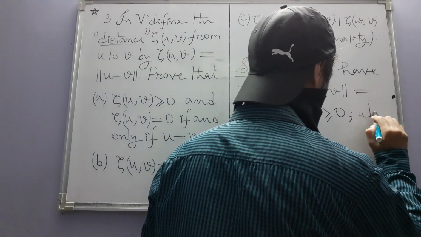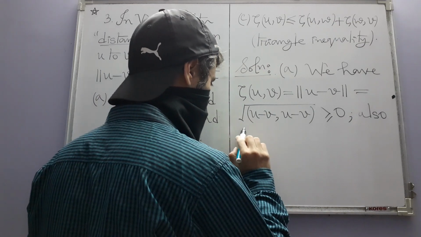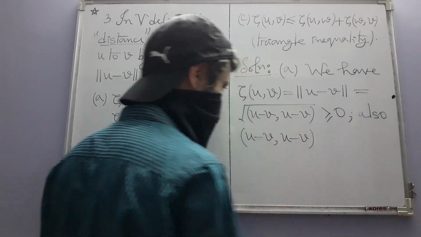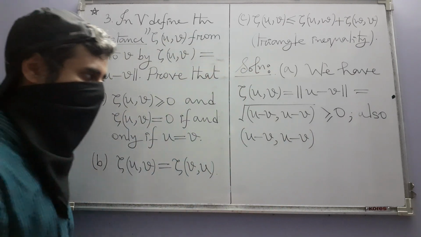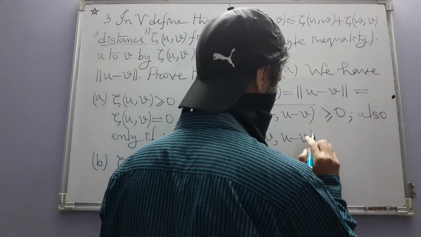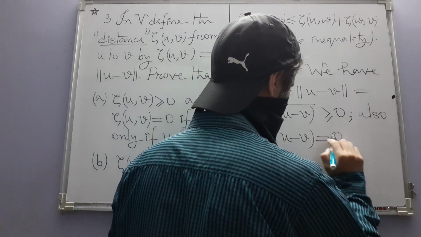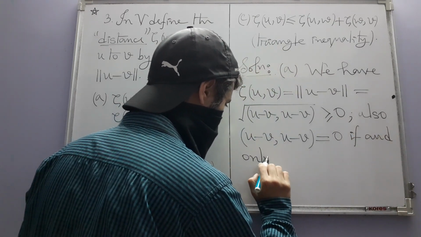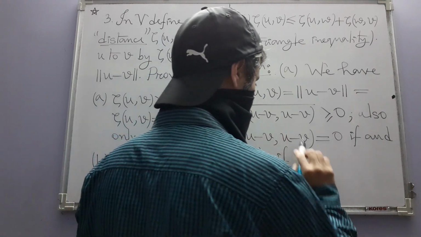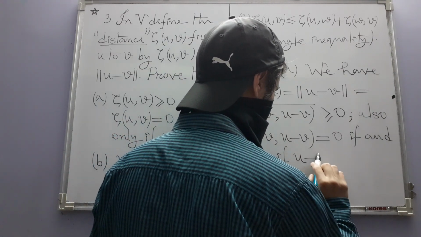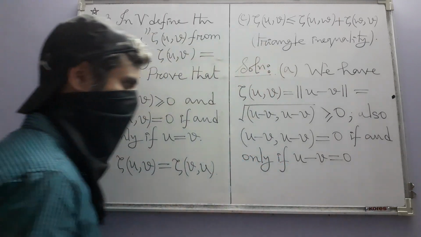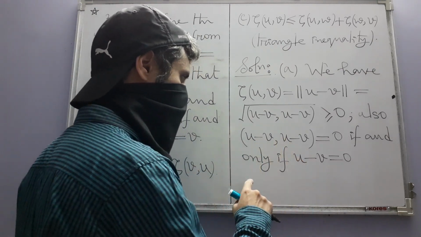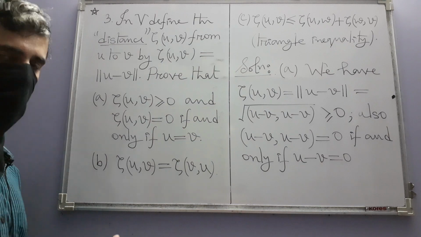Also, from another property of inner products, or from another axiom in the definition of an inner product, this is equal to 0 if and only if u minus v is equal to 0. That is, the inner product of a vector with itself is 0 if and only if the vector itself is the 0 vector.